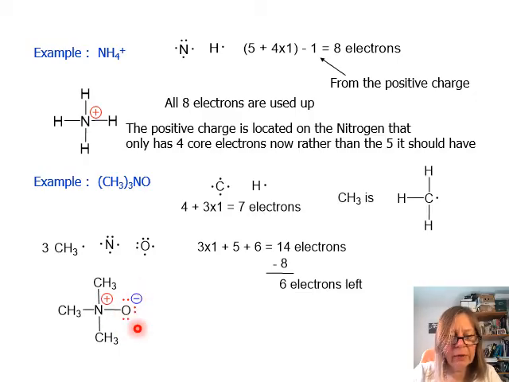It owns 7 electrons, which is 1 extra from neutral oxygen. So it has a negative charge. So you see that overall, our molecule is neutral as it should be, with a positive charge and a negative charge. You can also assess this molecule for the octet around each atom, and you'll see that all of them have full octets.